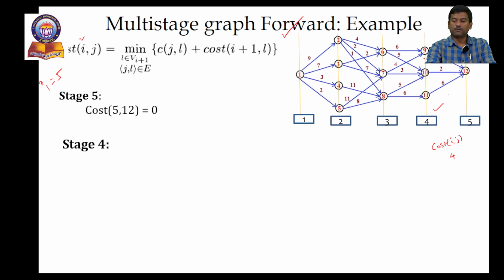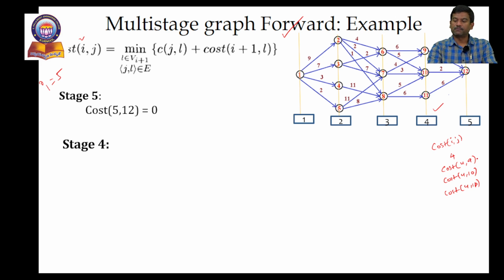At stage 4, the vertices present are 9, 10, 11. So you need to find cost of 4 comma 9, cost of 4 comma 10, and similarly cost of 4 comma 11.